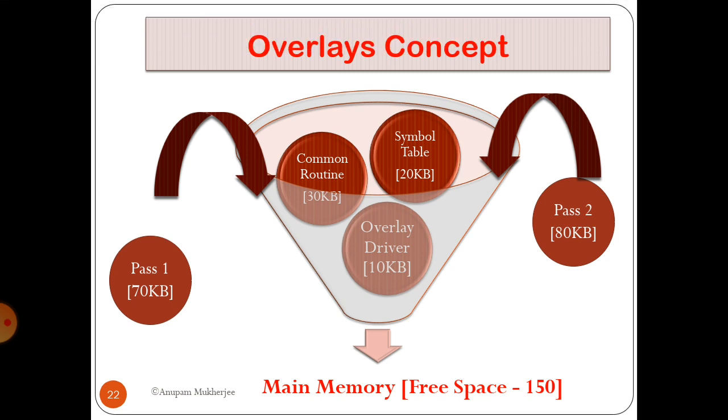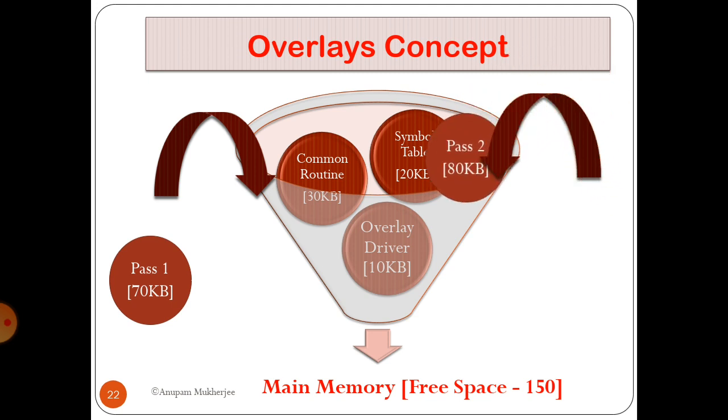Pass 2 enters the main memory space, and now the size is 140 KB while the actual memory space is 150 KB. So both overlay A and overlay B can be accommodated in this single memory space. The actual requirement is 200 KB, but the physical memory size is 150 KB, and in that case both will be executed properly using this two-pass assembler.